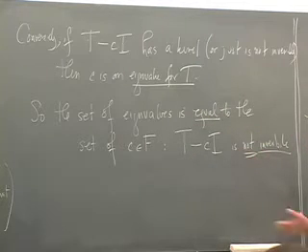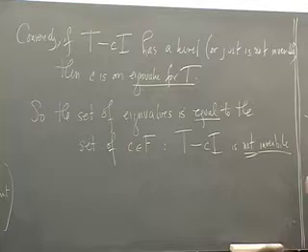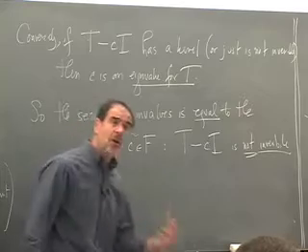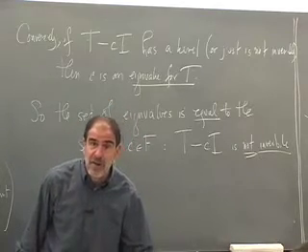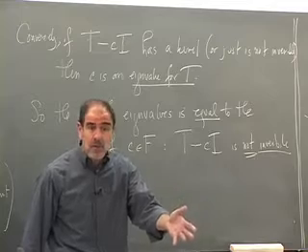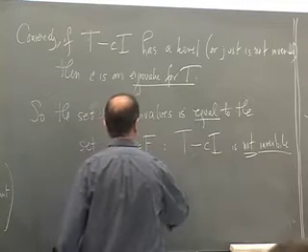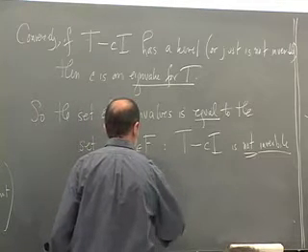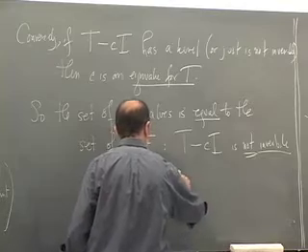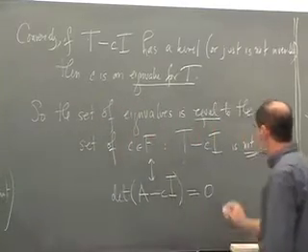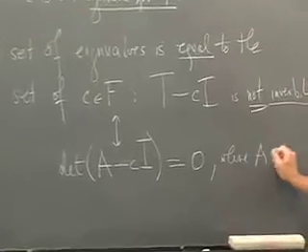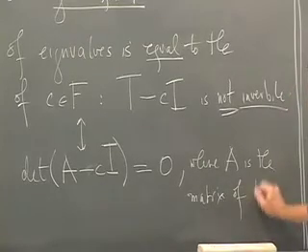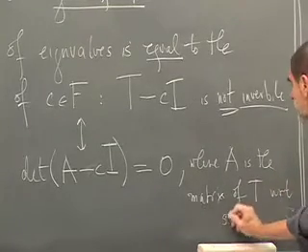Good. Now, how do I tell if an operator is not invertible? Well, I choose some basis for V and take its matrix, and I take the determinant of that matrix. If that determinant is 0, the operator is not invertible. So this is equivalent to the determinant of A minus C times I being equal to 0, where A is the matrix of T with respect to some basis.